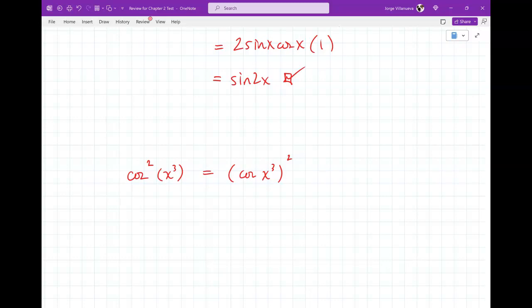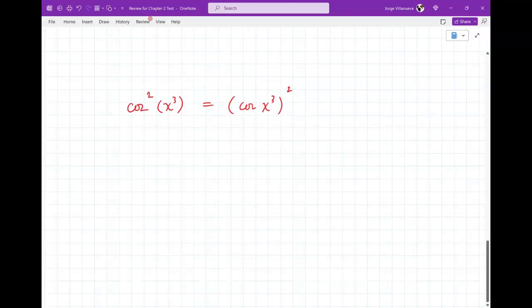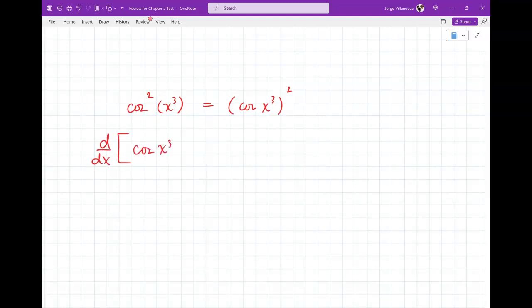And then inside of cosine, x cubed. So if you were to take a derivative of this, okay, if you want to do d/dx of cosine of x cubed squared, you bring down the power, cosine of x cubed to the first, right? So I don't need that.